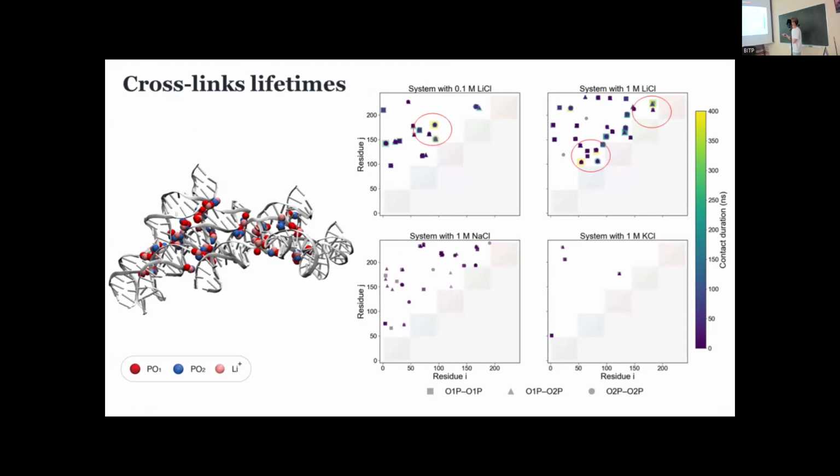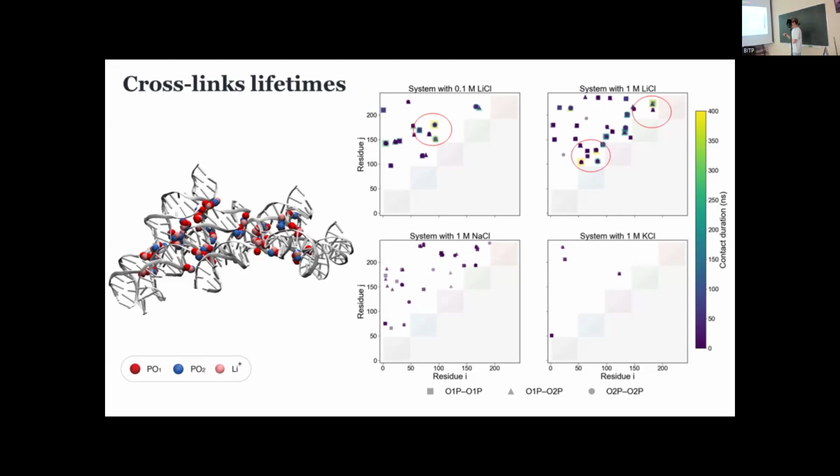On the slide you can see the contact maps, where the Y and X axes show the residue number of all the DNA in the system, so you can see between which residues the contact occurs. These blocks on the diagonal show the residues of DNA that belong to the same DNA, so no contact can be observed there.